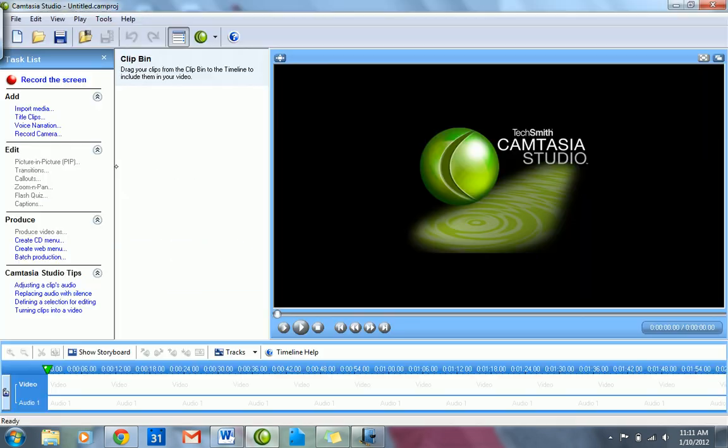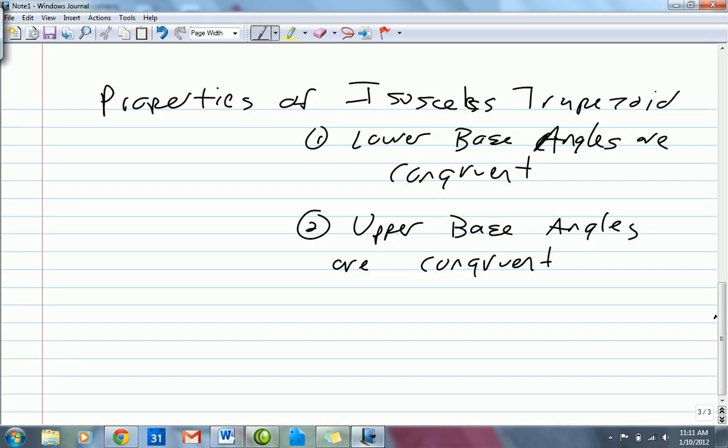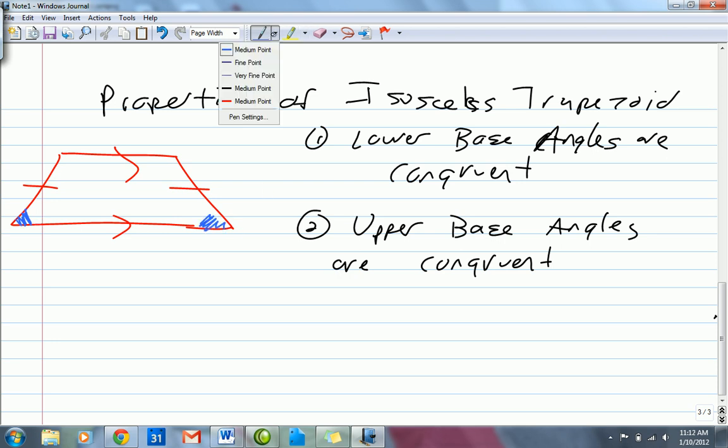When we have an isosceles trapezoid, which by definition means one parallel pair of sides and the other sides congruent, then these angles will be congruent. These are the lower base angles, and these angles will also be congruent, the upper base angles.